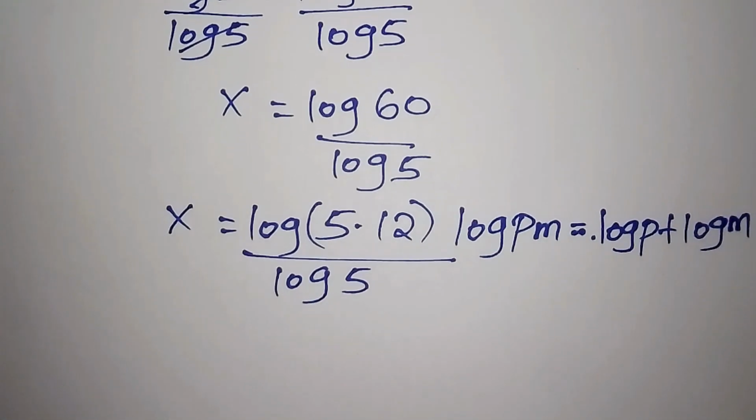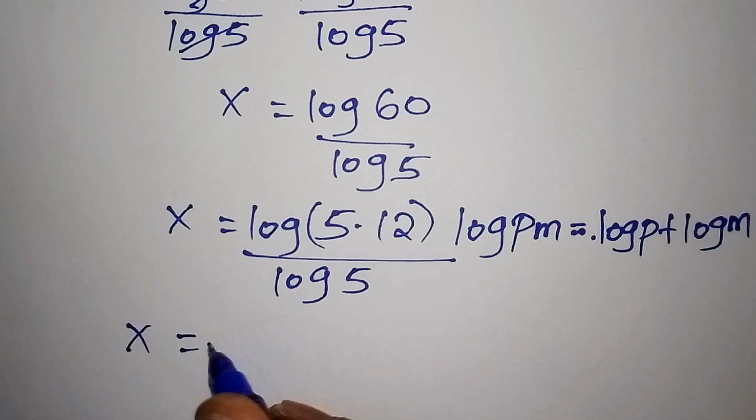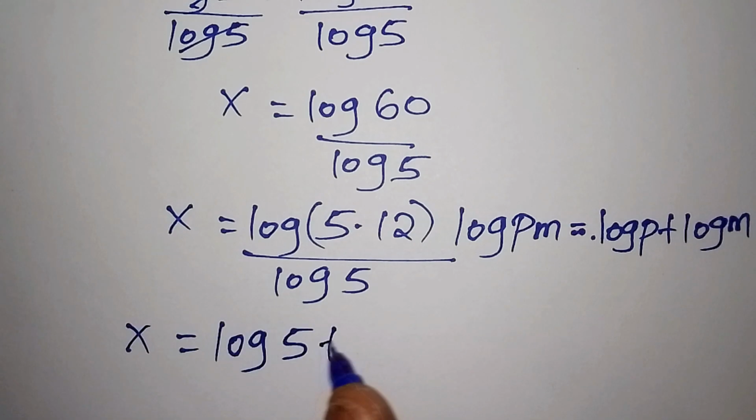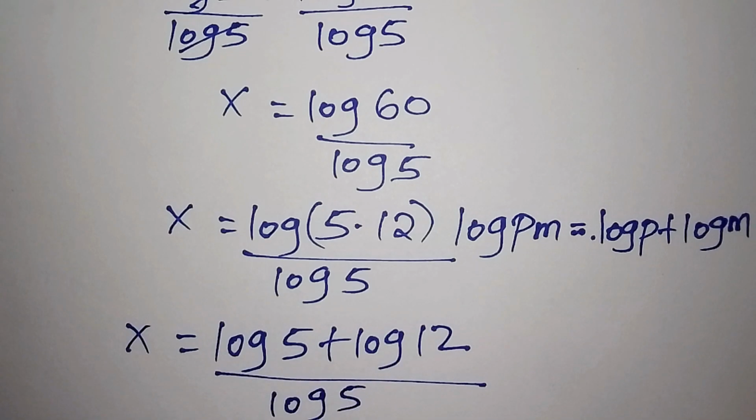In this case, the value for x is equals to the log of 5 plus the log of 12, all over the log of 5.